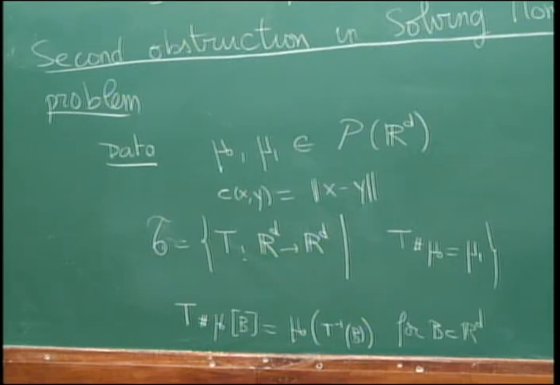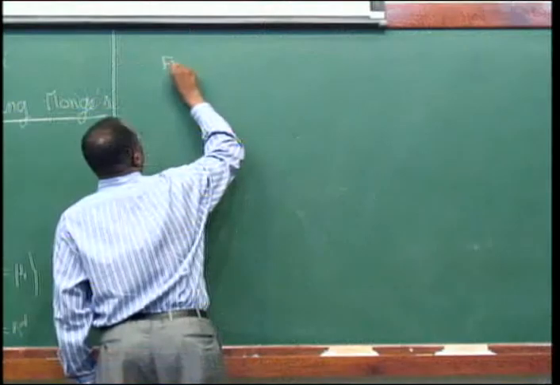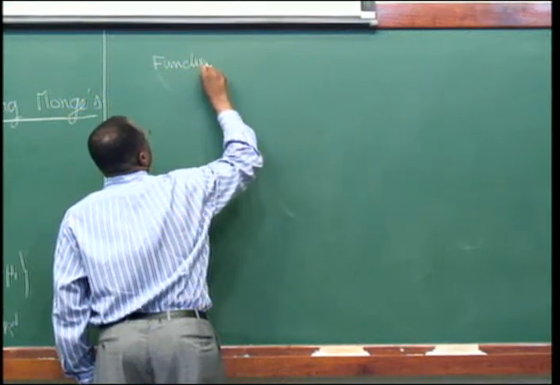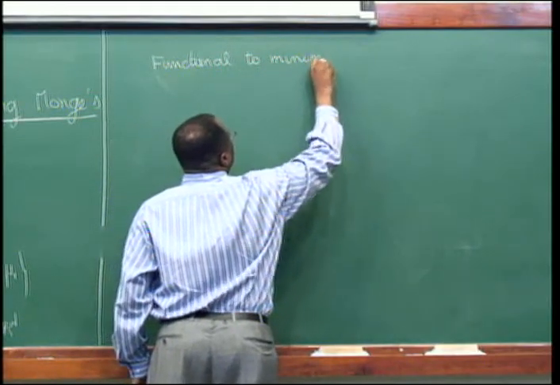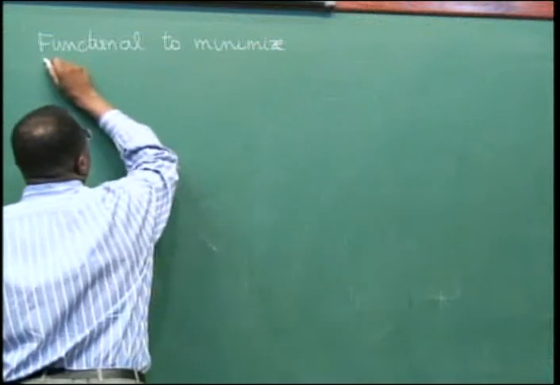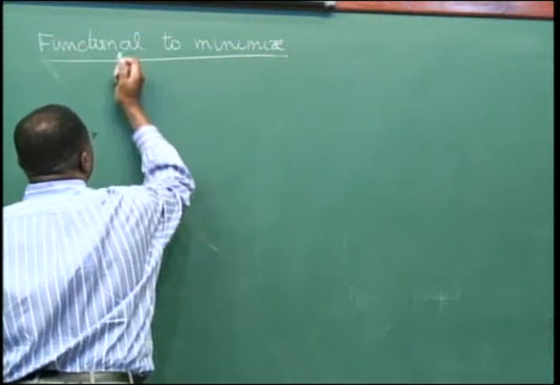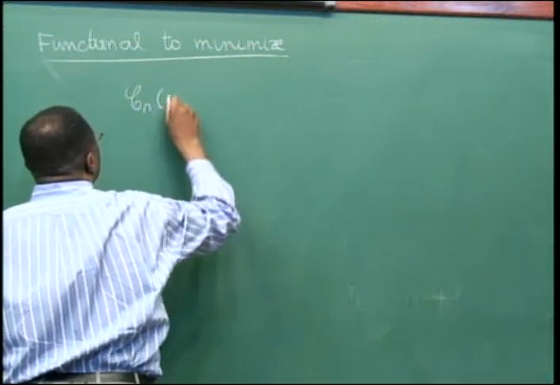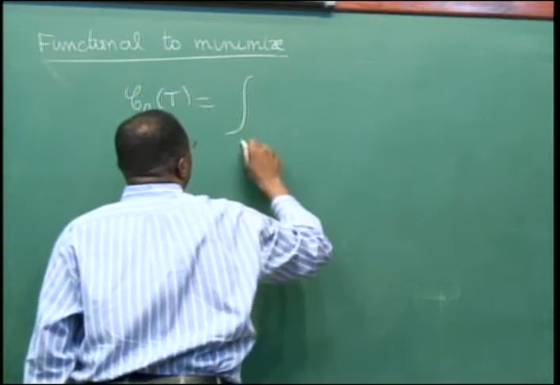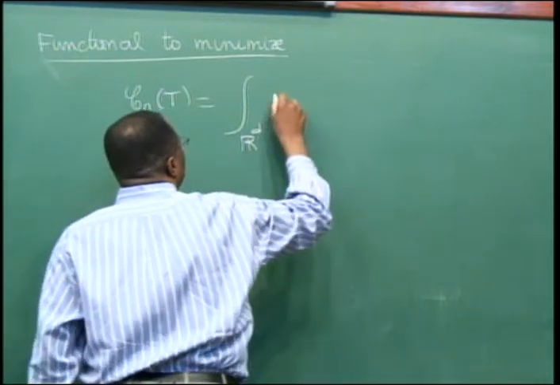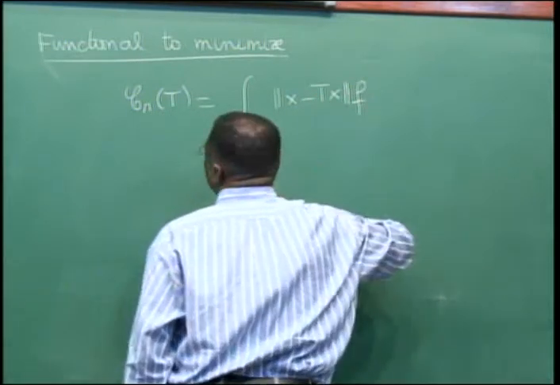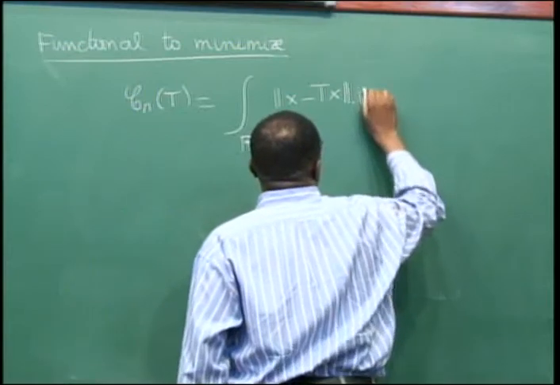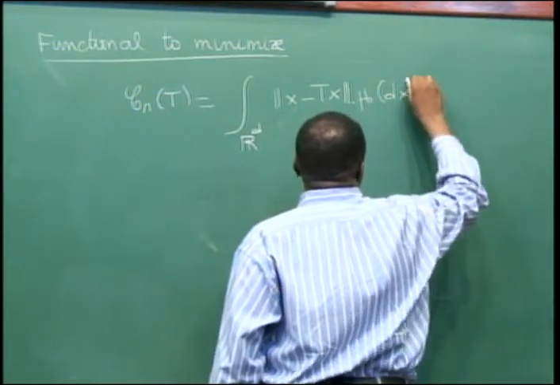The functional to minimize is Cm of T, the integral over R^d of the norm of x minus T of x, d mu0 of x.